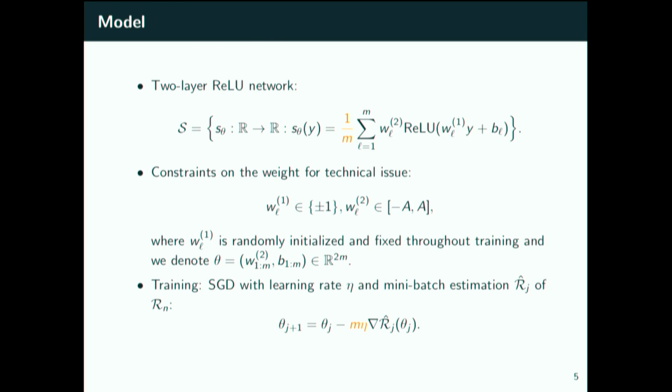We will also have constraints on the weights for technical reasons. We will be training with SGD, with learning rate eta and a mini-batch estimation R_J hat of Rn, and we'll also rescale the updates by m, the width of the network.